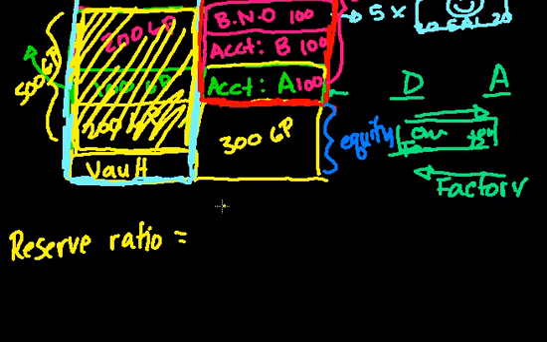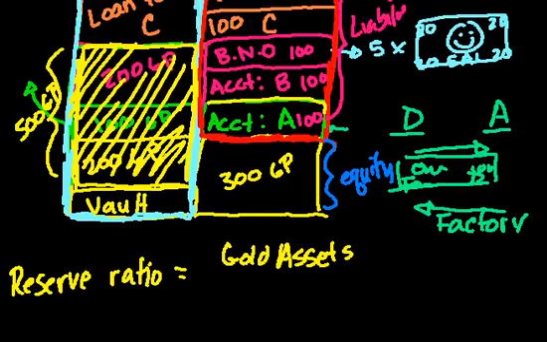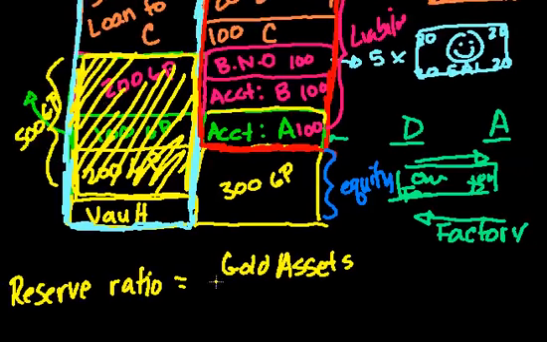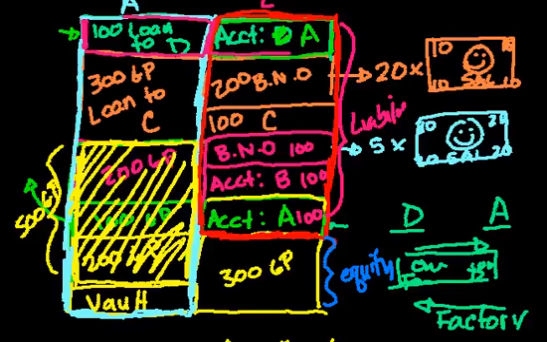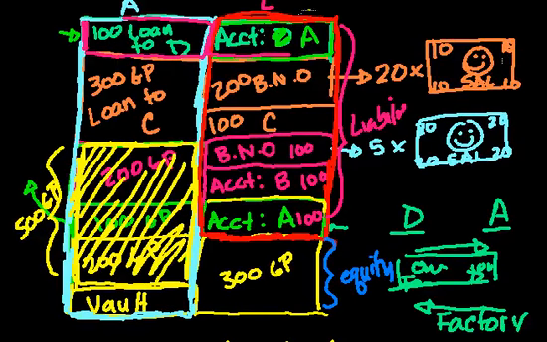The reserve ratio, for this bank, is the amount of gold assets. You won't see this formal definition anywhere because most people are off the gold standard right now. But it's the amount of gold assets divided by total, and I don't want to say total liabilities, because the bank could take out loans that aren't demand loans.